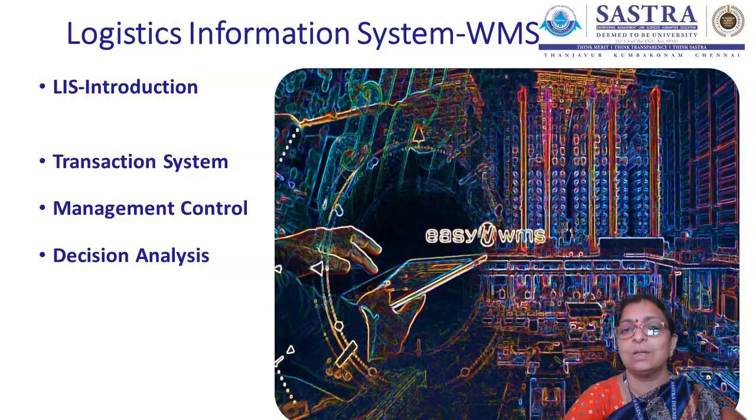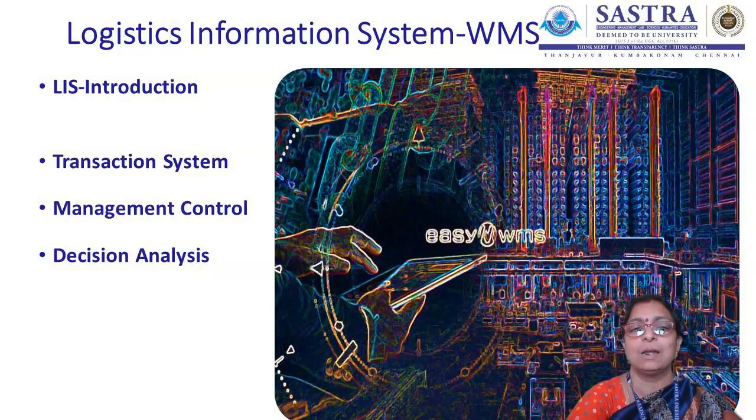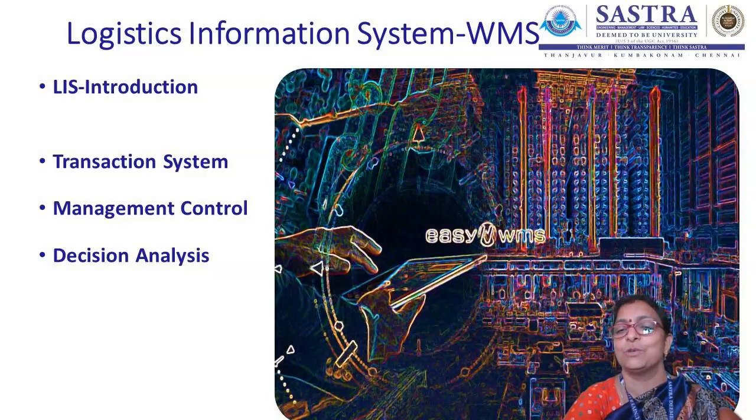So the total flow of entire manufacturing to customer connectivity is viewed in terms of two interrelated efforts. One is inventory flow, another one is information flow. So information flow, it is one of the key elements of logistics operation.